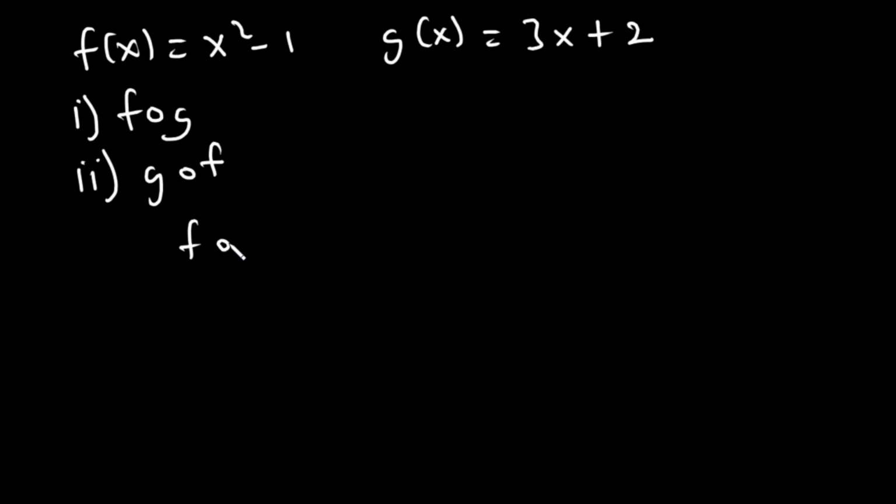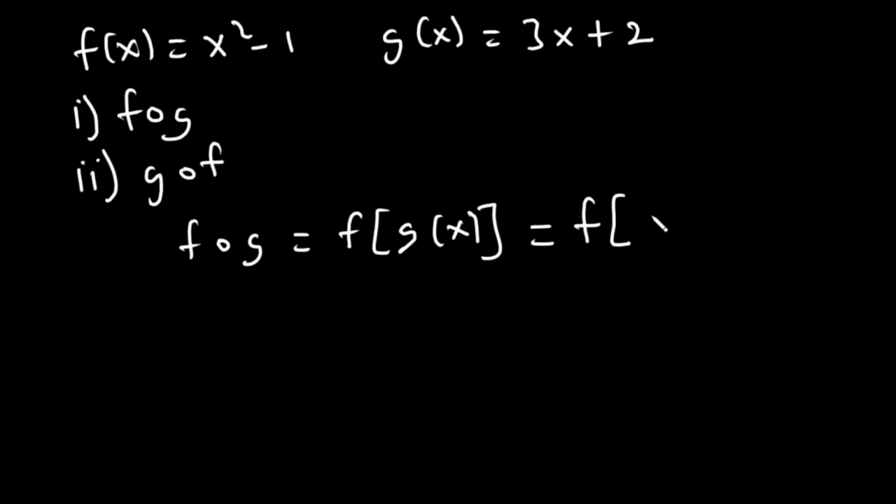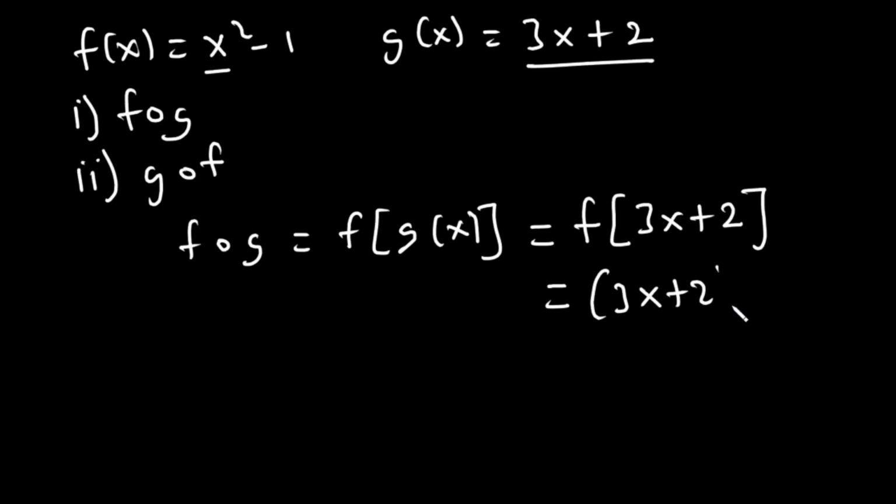So to find f of g is simply f into bracket g of x. Now g of x is equal to 3x plus 2. So we have 3x plus 2. Now we are going to replace x with 3x plus 2. So we have (3x plus 2) squared minus 1.